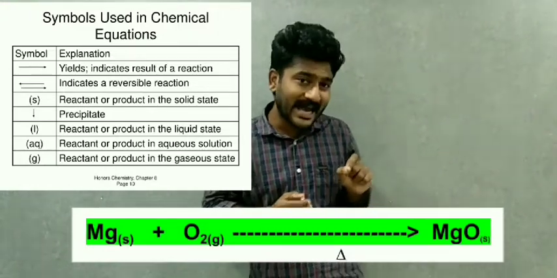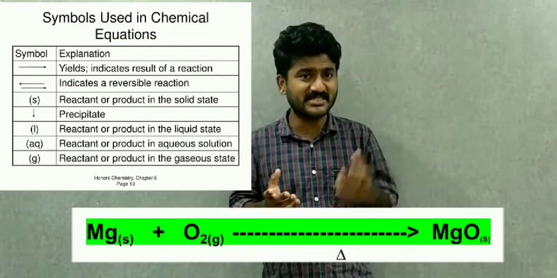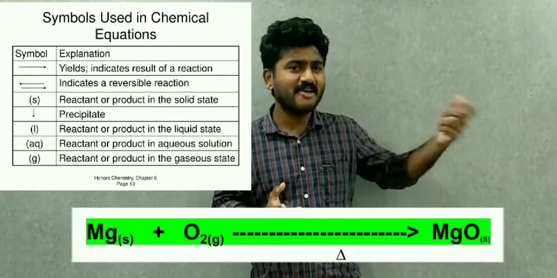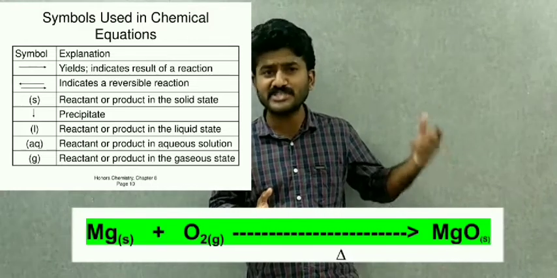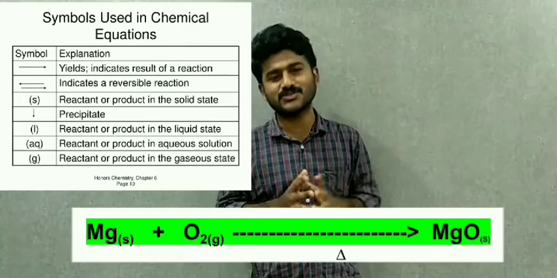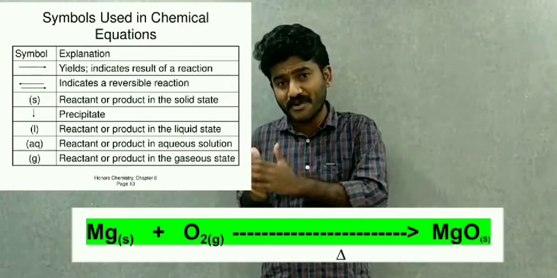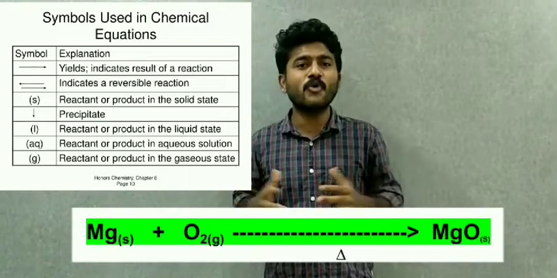So under the arrow we put the triangle for representing burning, and we get MgO, magnesium oxide, which is solid in nature again, so we put (s) over there. So this is the way we can make this equation more informative.